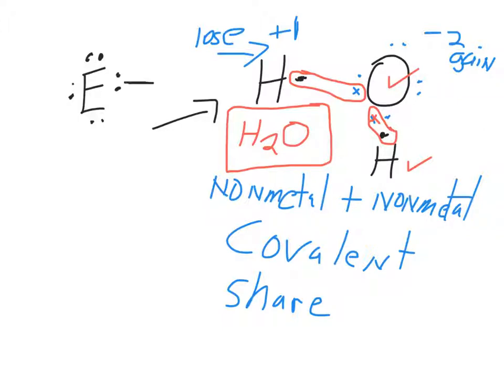Let's do another one. Let's do an ionic bond. Okay, so let's do something that's not on your sheet. Like, let's do potassium. How many valence electrons does potassium have? It has one. Very good.